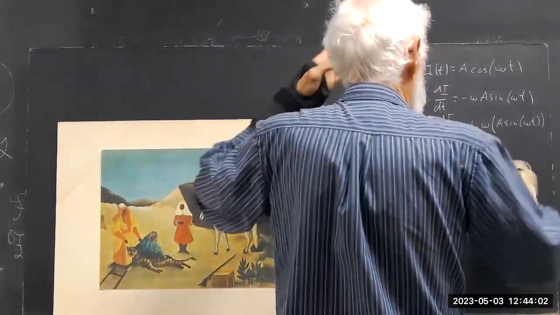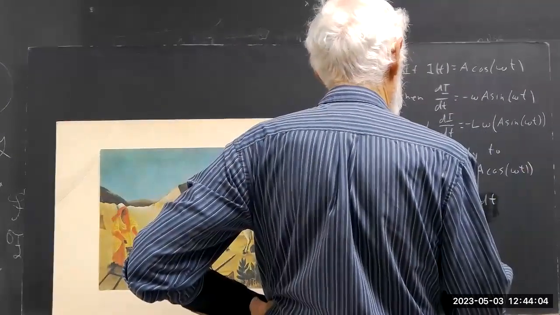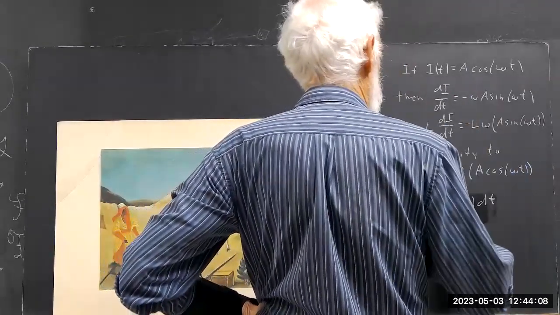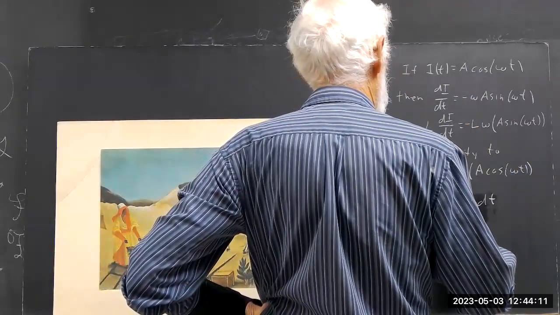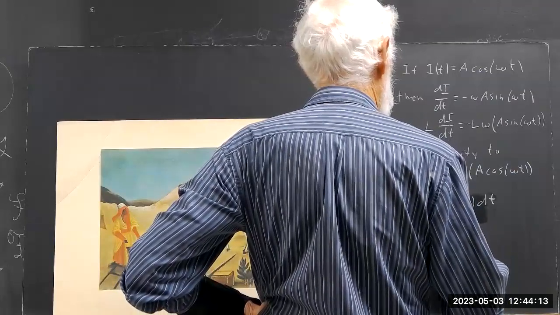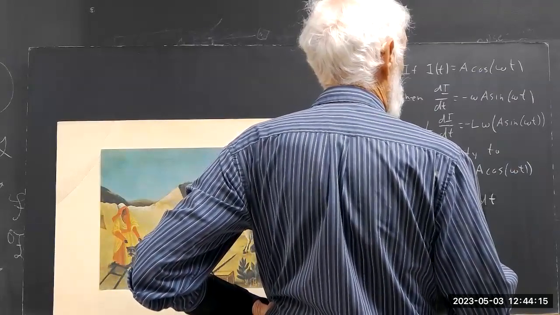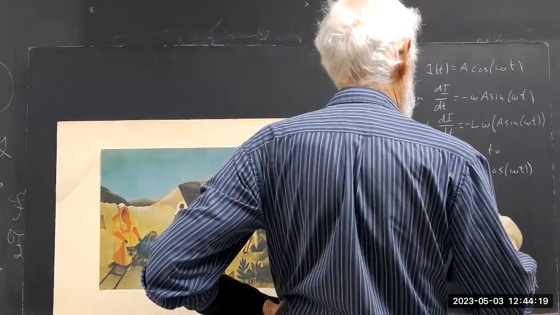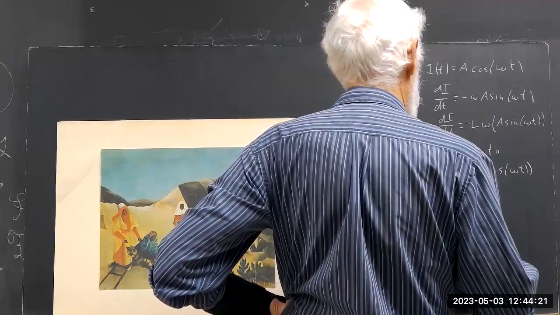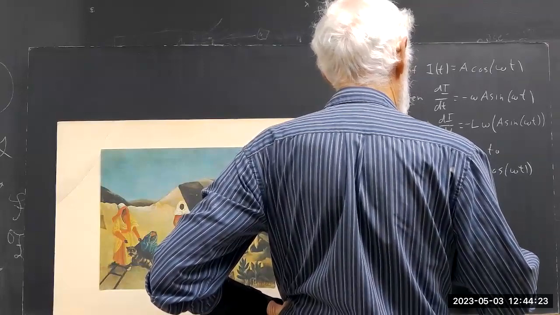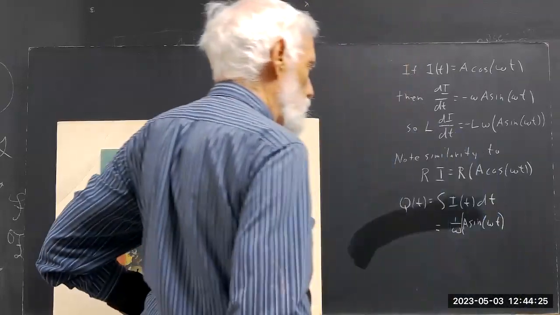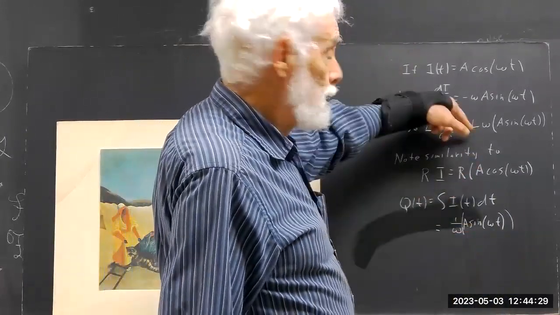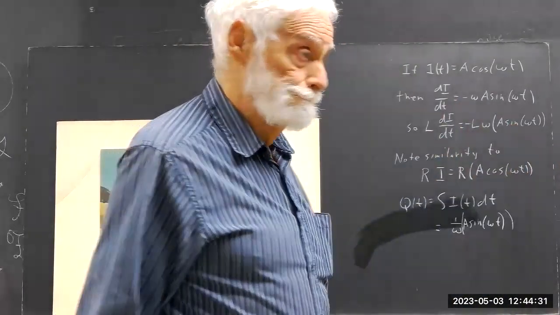Okay, so we can integrate I with respect to t. And what do we get? When we integrate I with respect to t, we get one over omega multiplied by a sine of omega t. That's 90 degrees out of phase with cosine in the other direction.